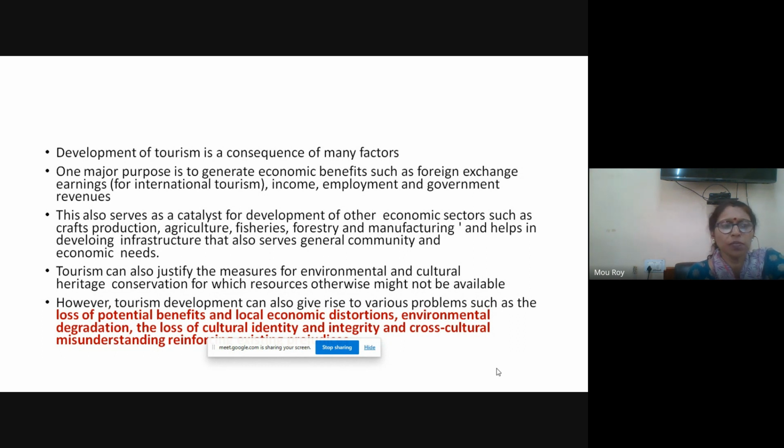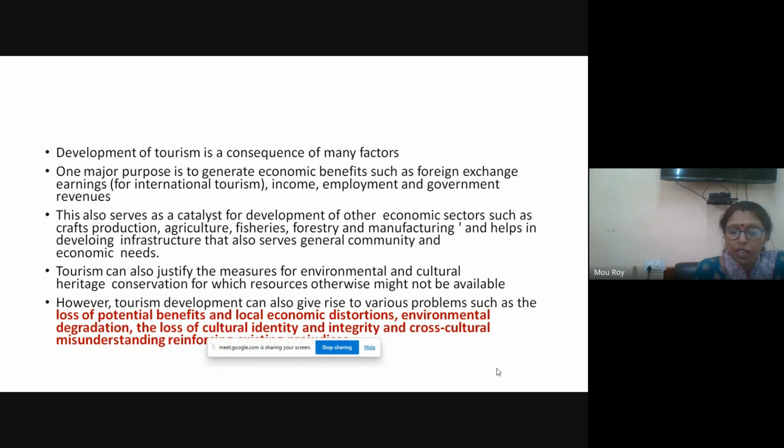What is mass tourism? Mass tourism can lead to overconsumption of resources such as water, energy, in popular tourist destinations. So there is overconsumption of resources.